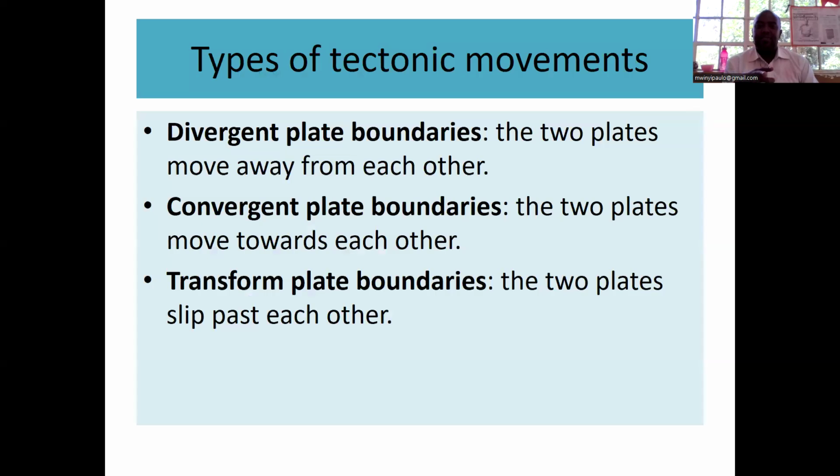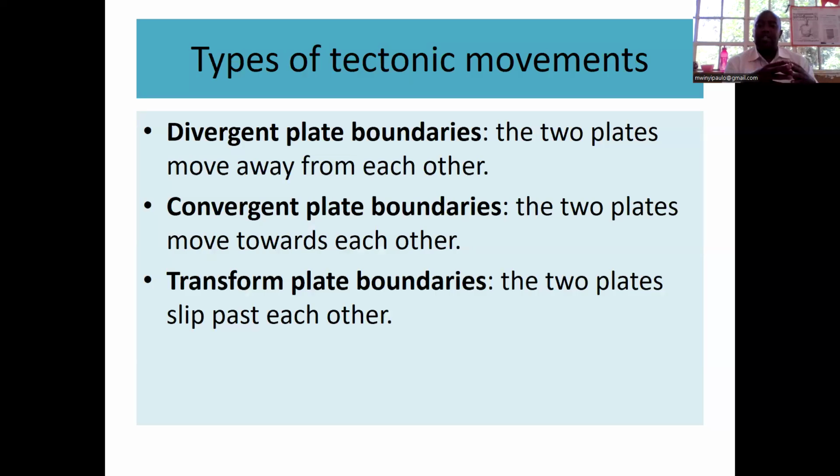We have several types of tectonic movements. With divergent plate boundaries, the two plates drift apart, they move away from each other. We also have convergent boundaries, where the two plates move towards each other.